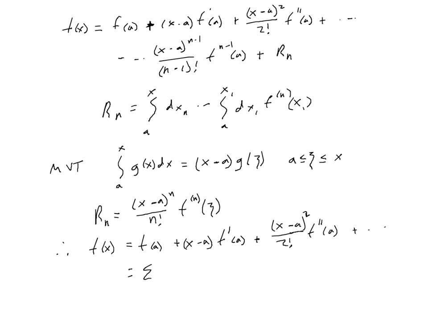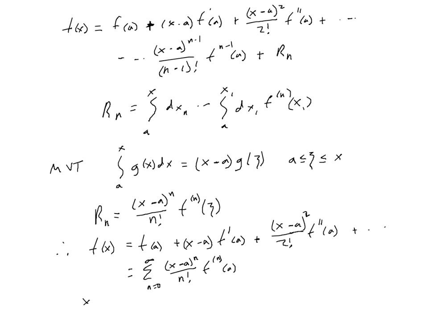You can also write that as a sum from n equals 0 to infinity of x minus a to the n over n factorial times f to the n of a. And so this gives you what you can take as your solution at a point by simply expanding out the derivatives around that point.